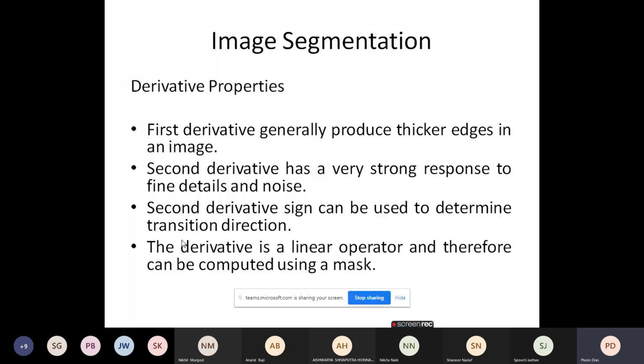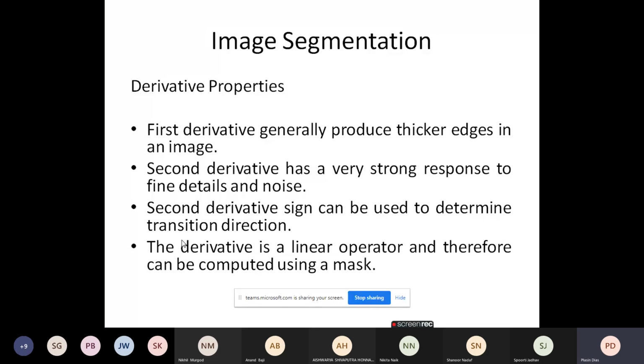In general, we may have a representation of a window mask, either 3 into 3 mask or 2 into 2 mask. So if I have a window mask which is 3 into 3, what is the general representation that you are aware of?